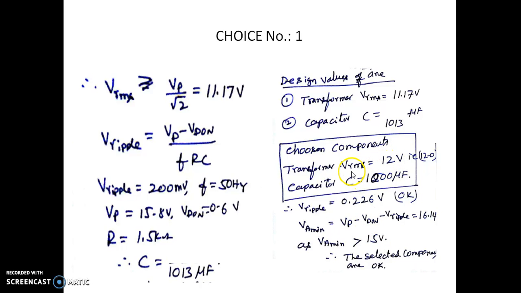So if we choose a transformer of 12 volt and a capacitor of 1000 microfarad, we are sure to get a constant 12 volt output, since the voltage at the input of the regulator is always greater than 15 volts, even with the ripple. So with these selected values, we are bound to get a constant 12 volts.